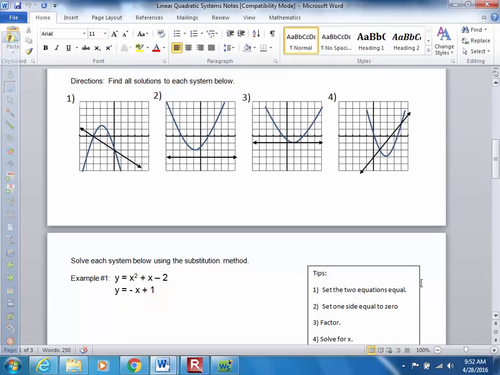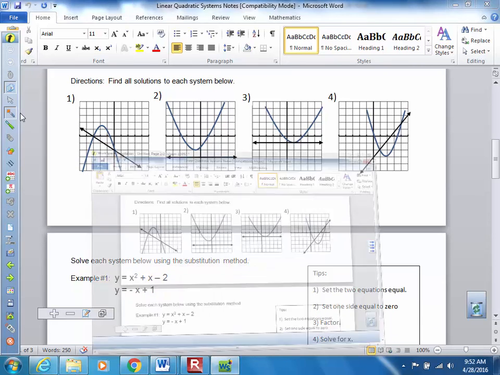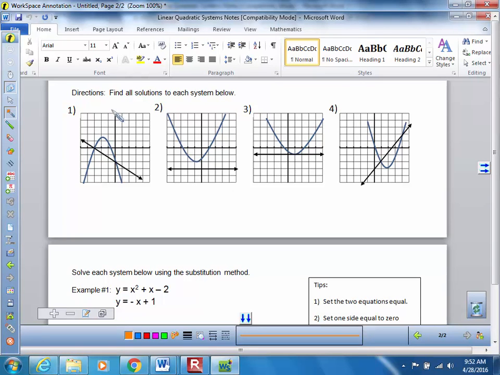In number 1, we are trying to find all solutions to this system.